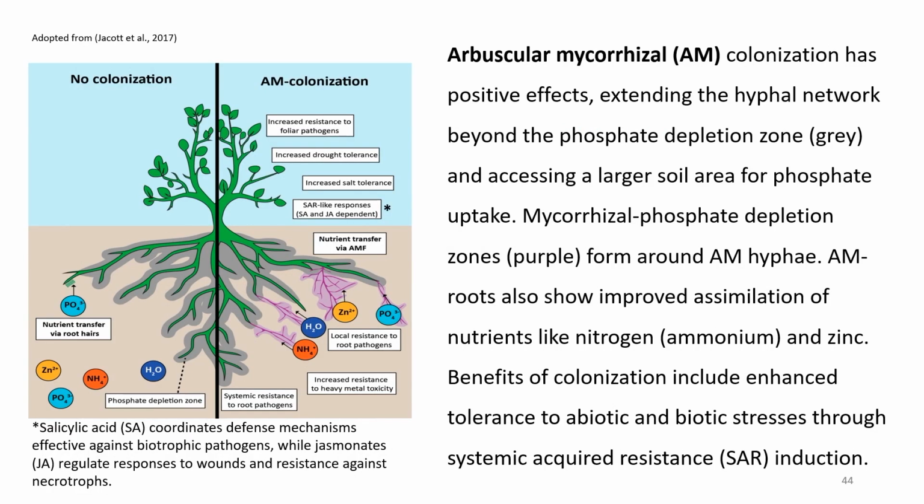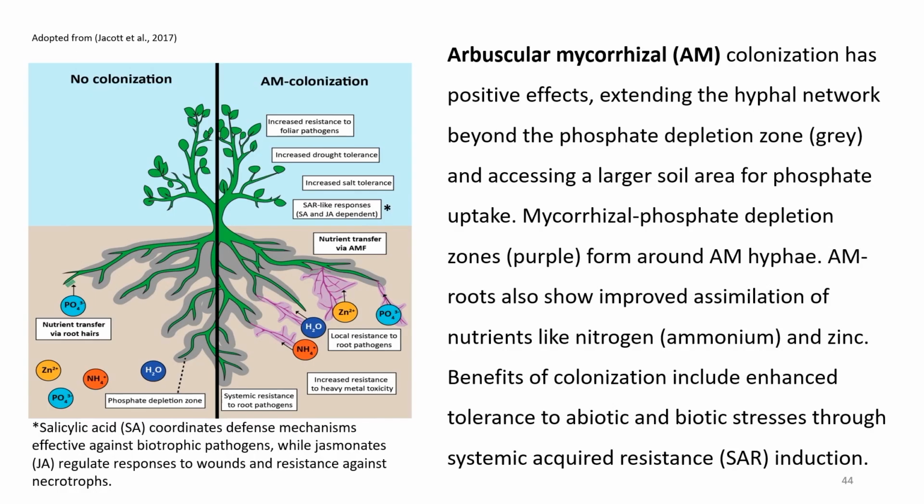Arbuscular mycorrhizal colonization has positive effects, extending the hyphal network beyond the phosphate depletion zone. You can see here the gray area, which is the phosphate depletion zone, and it helps in accessing a larger soil area for phosphate uptake.